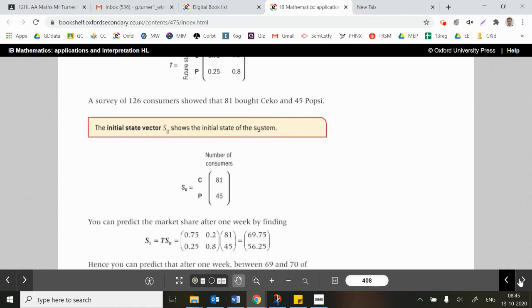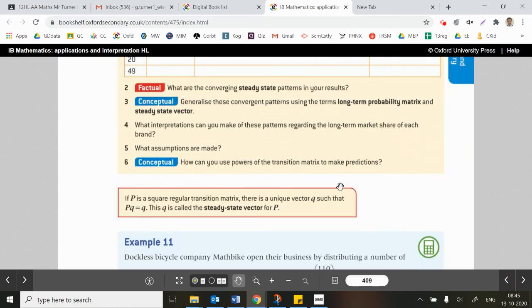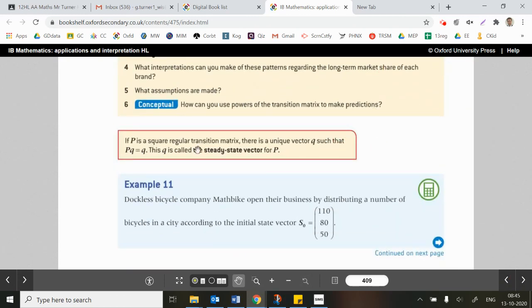There's another example in the book here. I'm not going through that. And what I was talking about there is this, and they're calling the matrix now P, but I've called it T. If P is a square regular transition matrix, there is a unique vector, and I'm calling that the steady state vector, such that when you apply T to the steady state vector, or PQ, you continue to get Q. And Q is called the steady state vector.